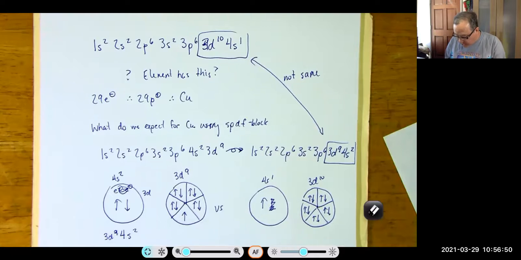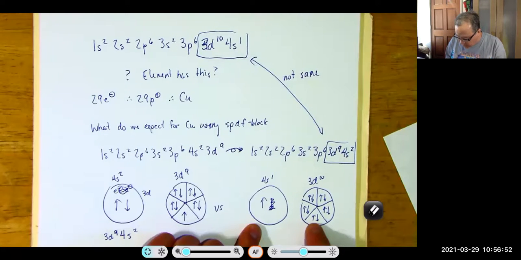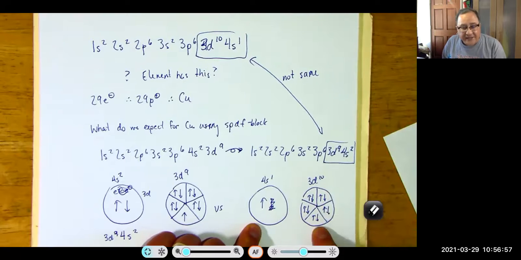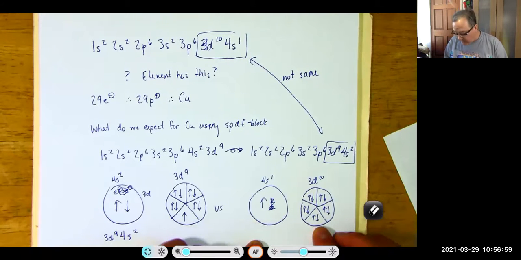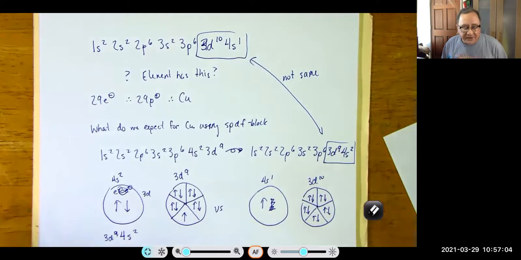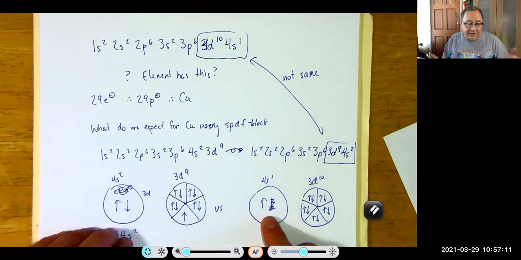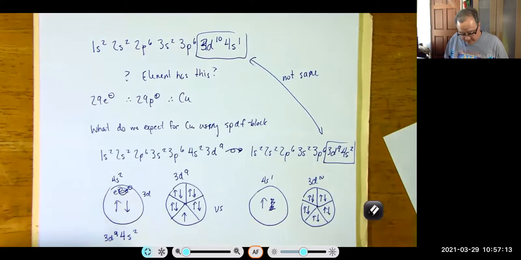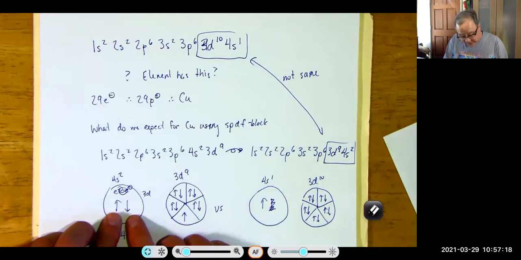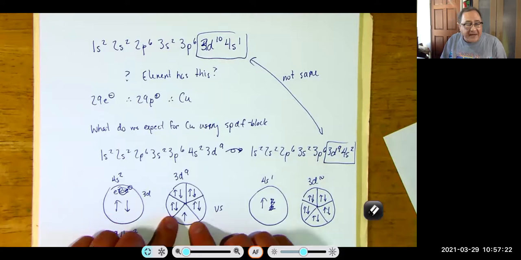So in this situation, can you see that the electrons are evenly distributed? They say it's symmetrical. So here in this 3d, the electrons are as stable as they can possibly be because they're evenly spaced. And for the 4s, when you have 1 electron in there, it doesn't really matter. Now over here, you have 2 electrons in there, and it's pretty even to space those in the 4s subshell.